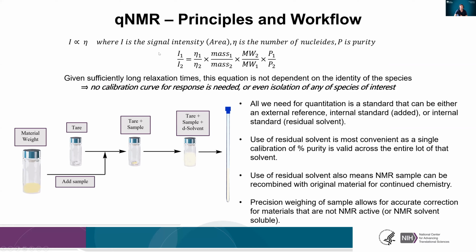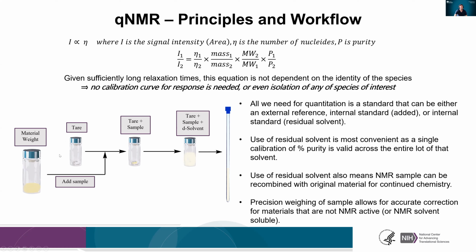So we can compare the intensity of two peaks. If one is a standard, then we can very readily identify the number of nuclei, the mass of one component versus the other.